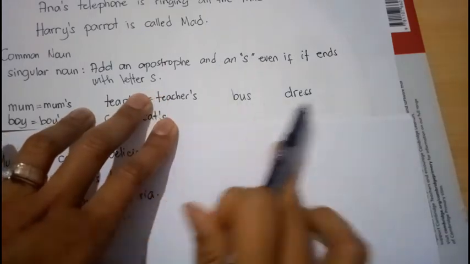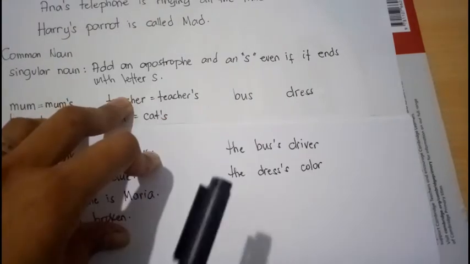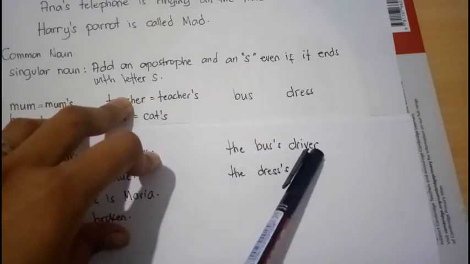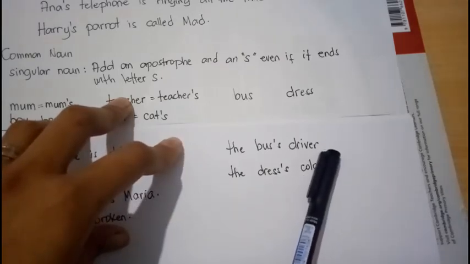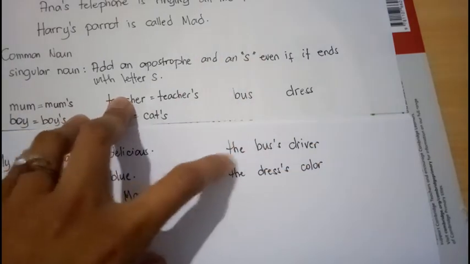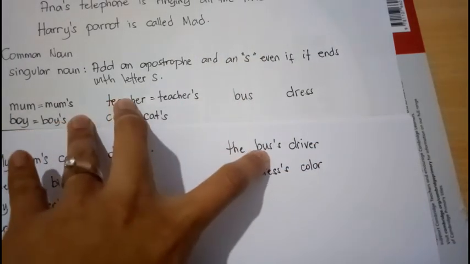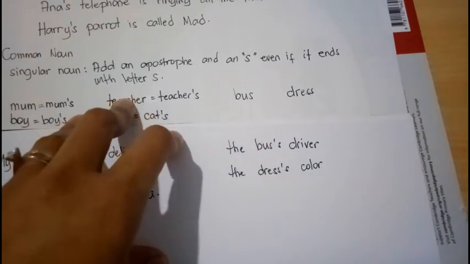I will give the sentences over here so you will see how they look. For example, the bus's driver, the dress's color. Whose driver? The bus. Whose color? The dress. Even if they end with letter S, we still add an apostrophe and add letter S to it.